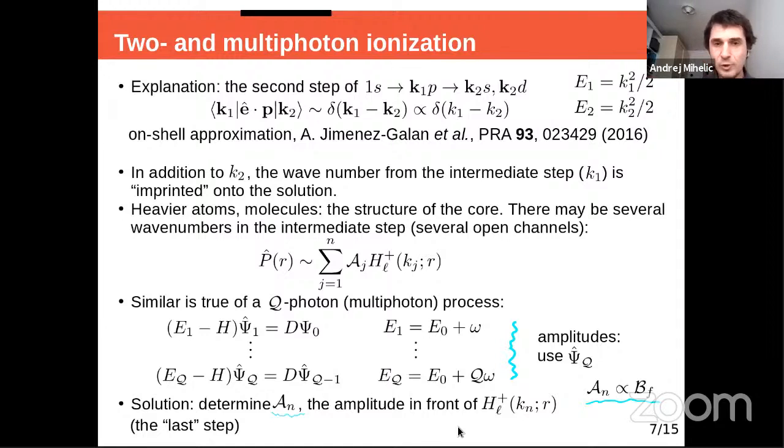Now all we need to do to calculate the photoionization amplitude in the case of two or multi-photon ionization is to calculate the amplitude which corresponds to the final step, so to the wave number, let's say Kn, if there are n of them.